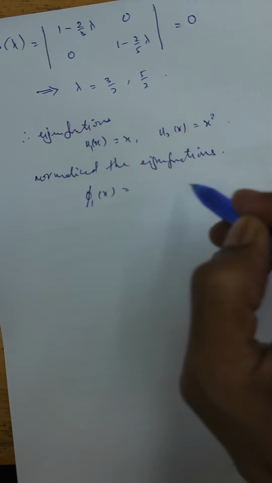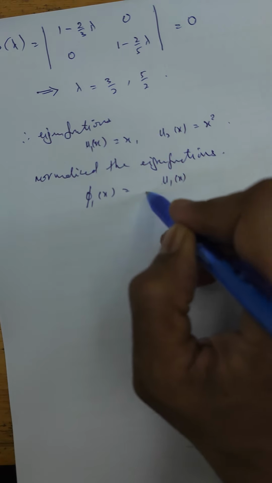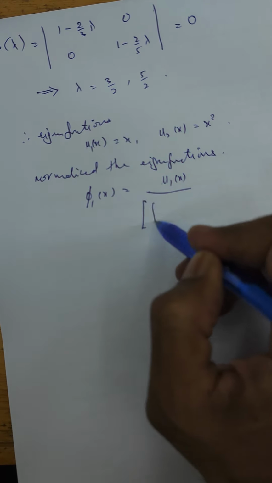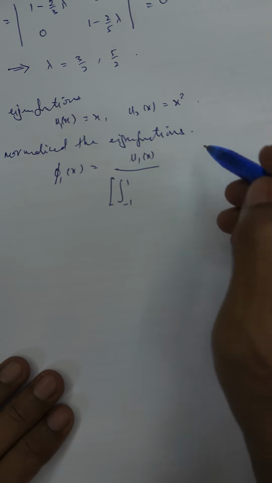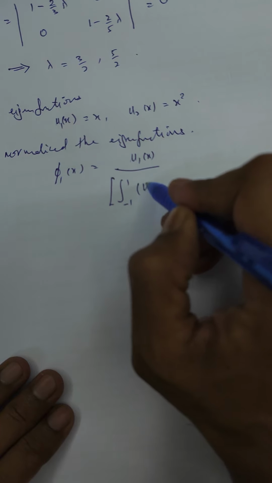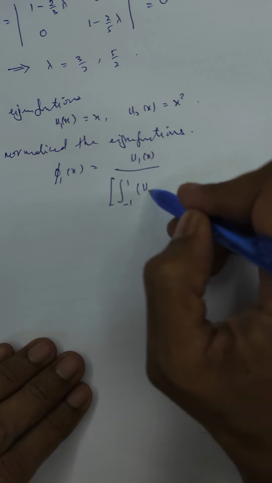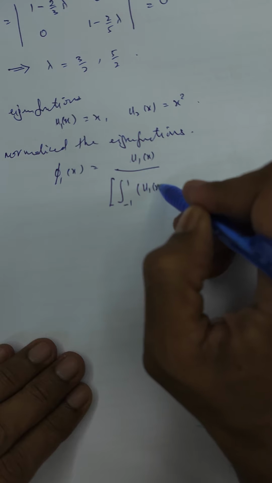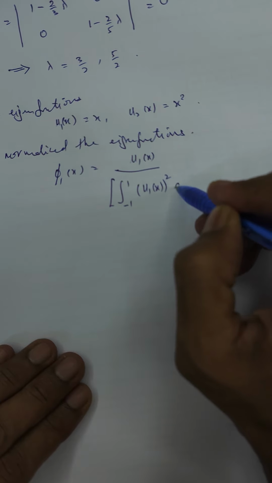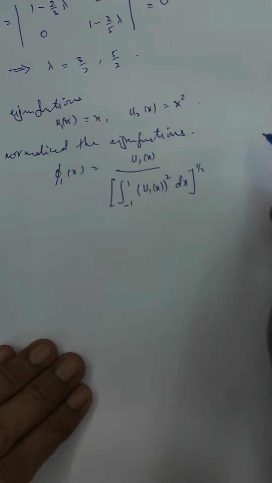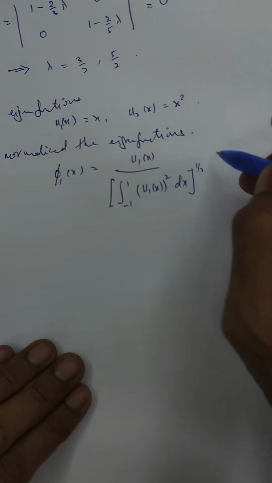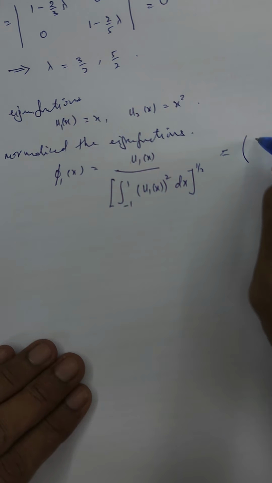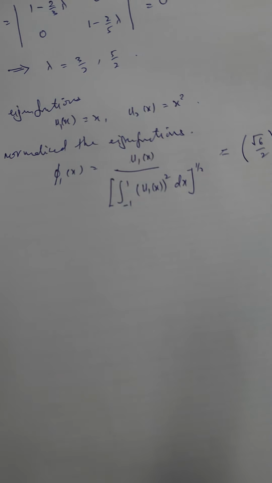This is given as u1(x) over the integral from minus 1 to 1 of u1(x) squared dx, to the half. Okay, you solve this with u1 equal to x, that will give you square root of 6 over 2 times x.